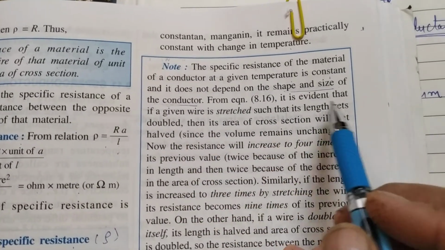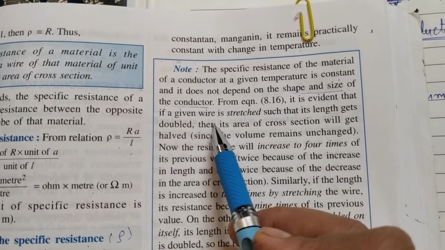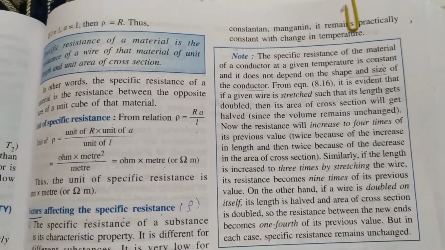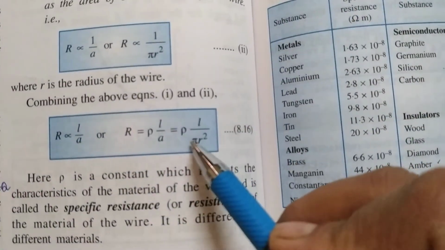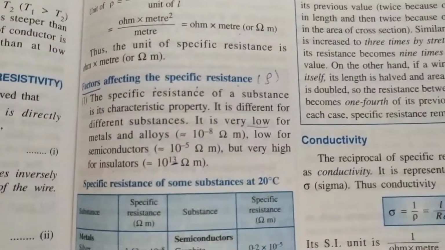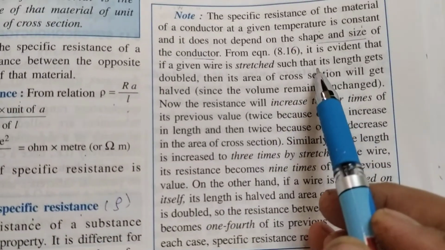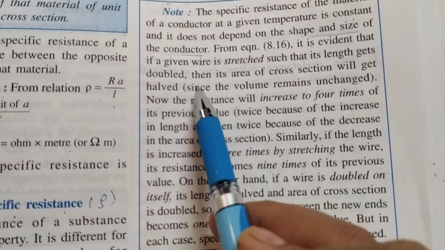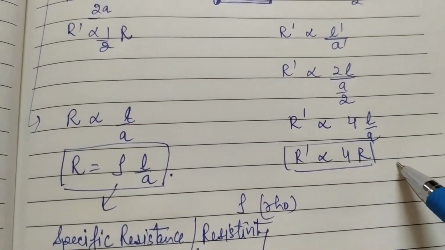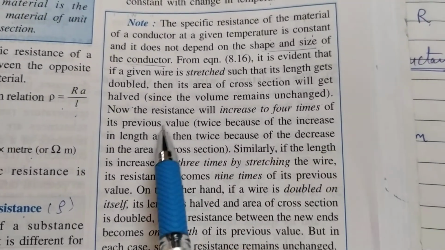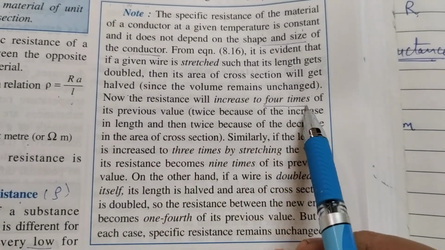Then it is evident from equation 8.16, where the formula of resistance was given, R is equal to rho L by pi r square. So it is evident that if you stretch the wire such that its length doubles, the area will get halved. We have discussed this case right now. Since the volume remains unchanged, the resistance increases to 4 times in this case.